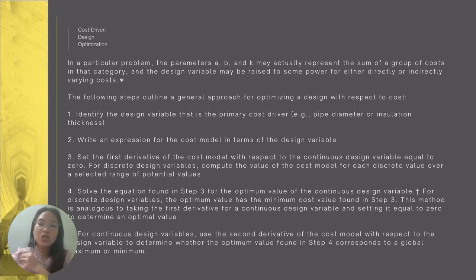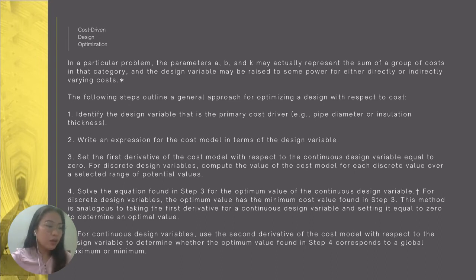Second, write an expression for the cost model in terms of the design variable, for uniformity and a common unit that is easy for you to evaluate. Third is set the first derivative of the cost model with respect to the continuous design variable equal to 0. For discrete design variables, compute the value of the cost model for each discrete value over a selected range of potential values.